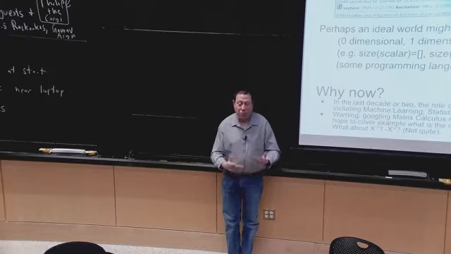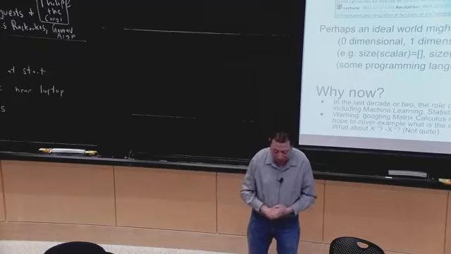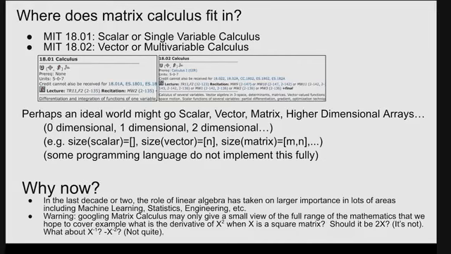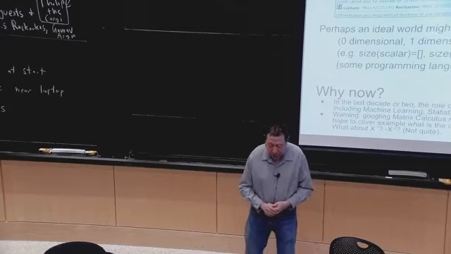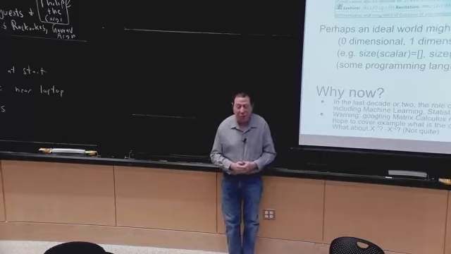Other languages have 1-dimensional arrays. Some even have 0-dimensional arrays, right? So these are the things that you find in programming languages. This is Julia. The size of a matrix, for example, has 2 components. The size of a vector has 1 component, et cetera. So it seems to me, I've been teaching at MIT now. I don't even want to count the years.